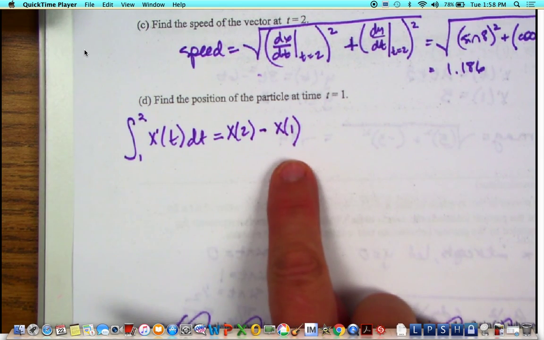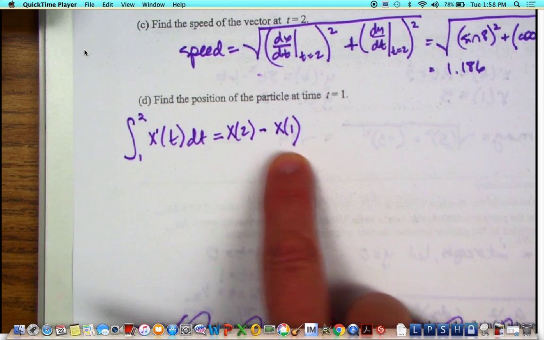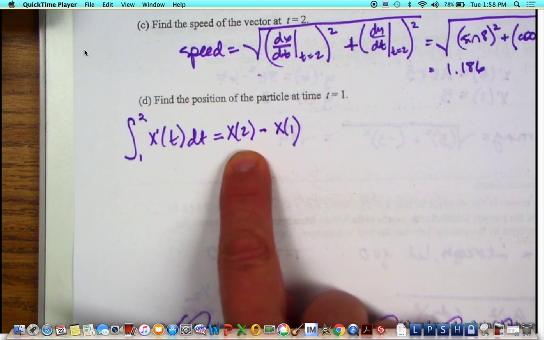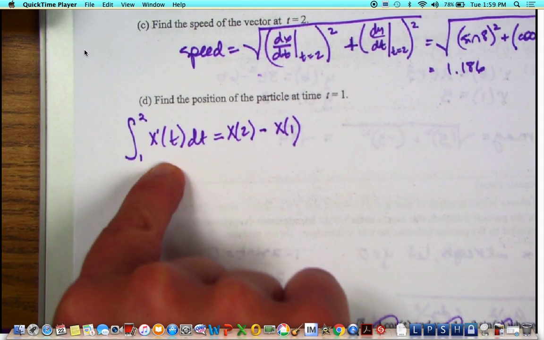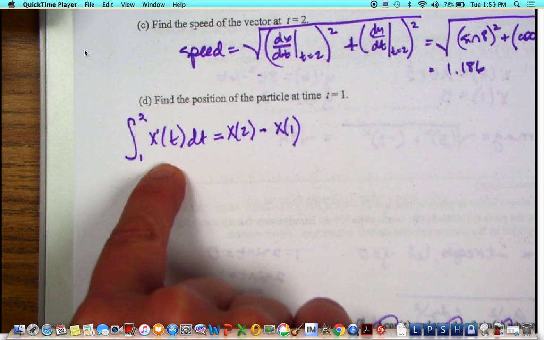What are you interested in? X of 1, right? That's the x coordinate at time 1. You know the x coordinate at time 2. What is it? 1. And can you calculate this? Yeah, because it's a calculator question.